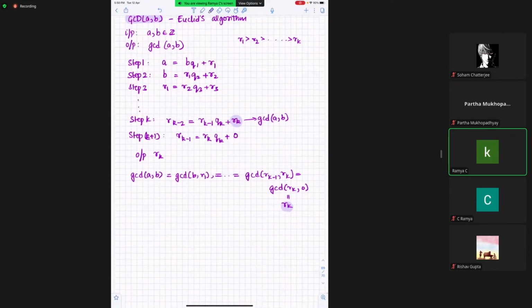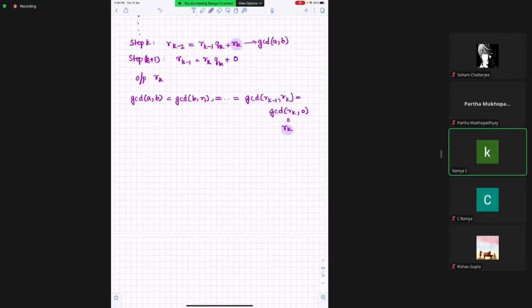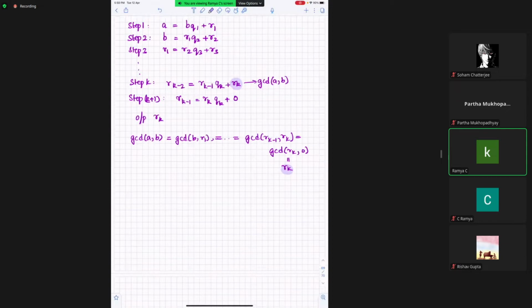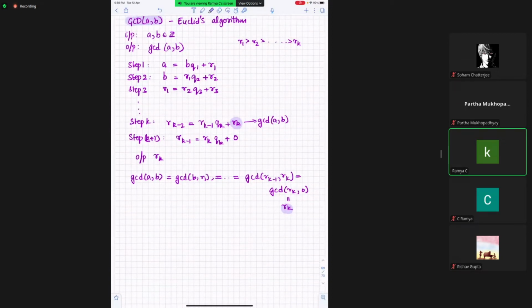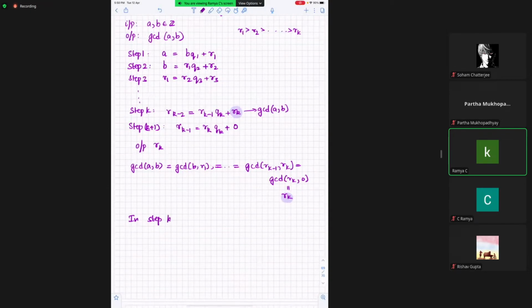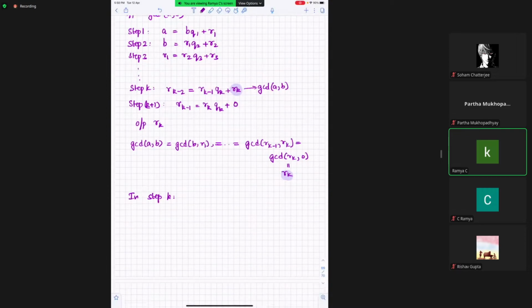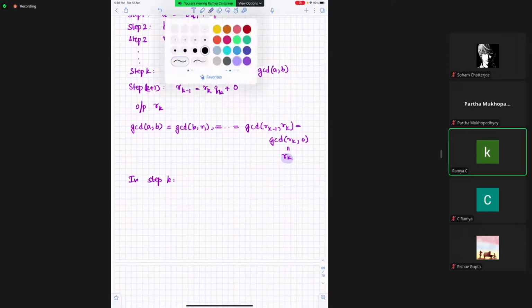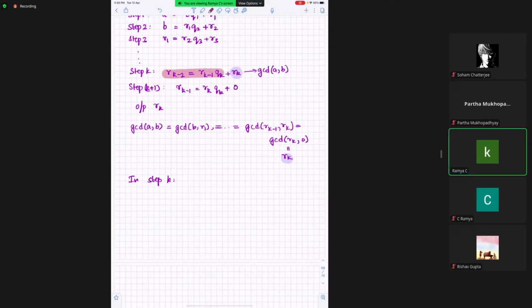So now I think you have already seen what Bezout's equations are, but let's just revisit this once again. I'm not going to talk about Bezout's equation itself, but we are going to look at the procedure we have written here. What happens in this kth step? That's what we want to understand. In step K, we have this equation here.